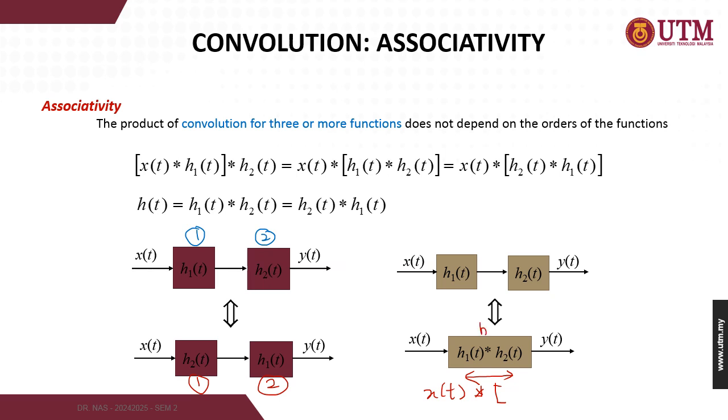For example, we call this h(t). Convolve x(t) with h(t), and you get the final output y(t).